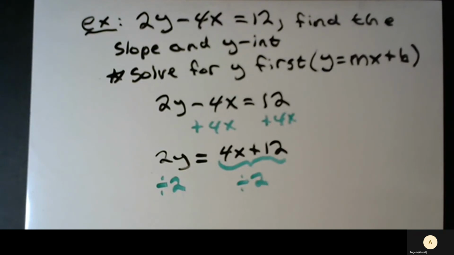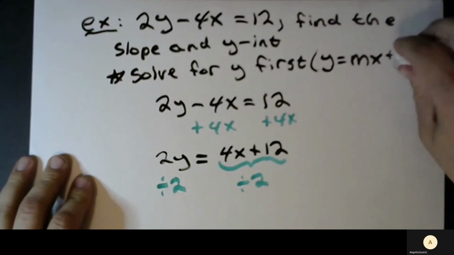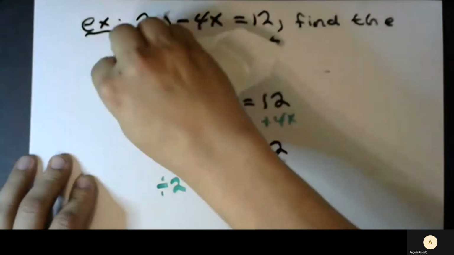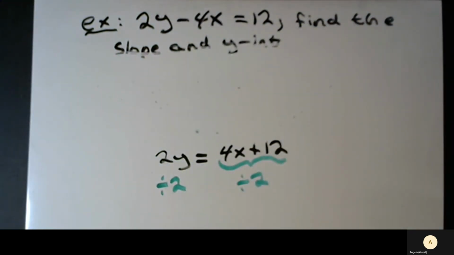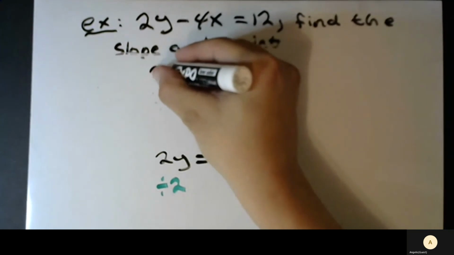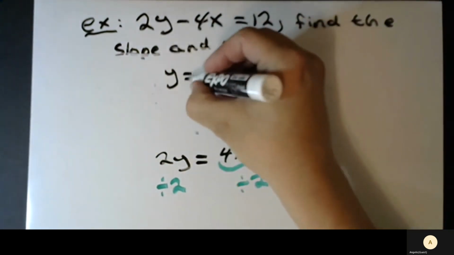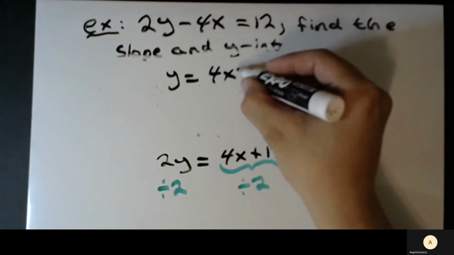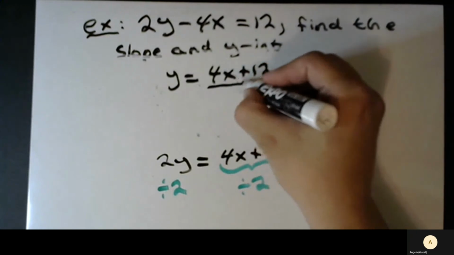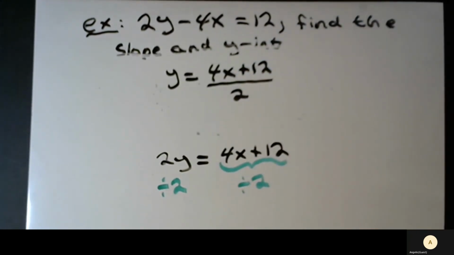Now, what do we do with this? Well, we want to simplify this. We're going to get 4x plus 12 over 2. Now, here's a little tip. This is a trick.